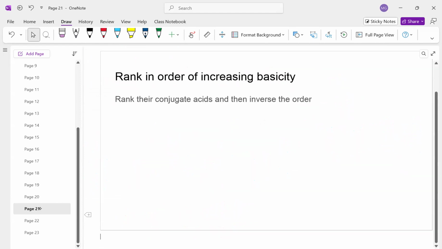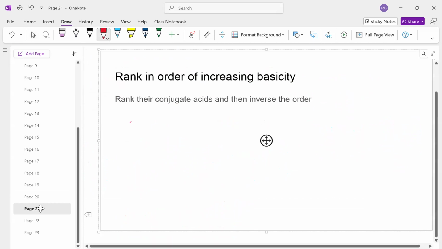Now, we haven't really talked much about bases, but bases are pretty much like the opposite of acids. I've highlighted one of the most important trends to remember: the strength of an acid and its conjugate base are inverse relationships. As one goes up, the other one goes down.